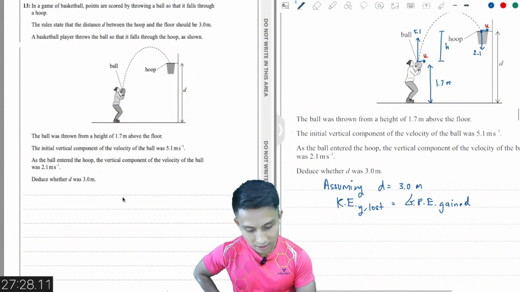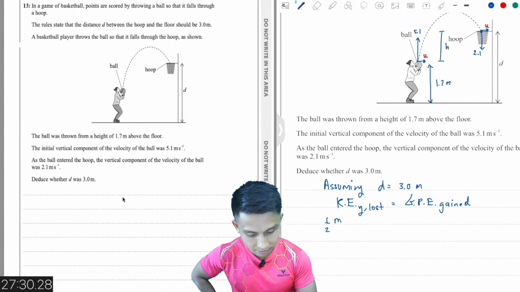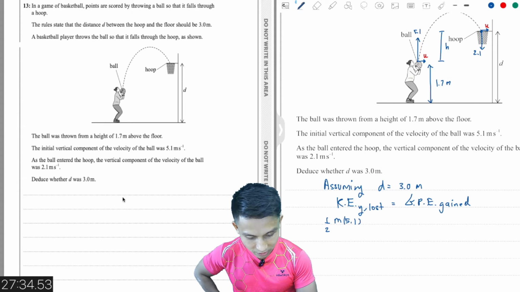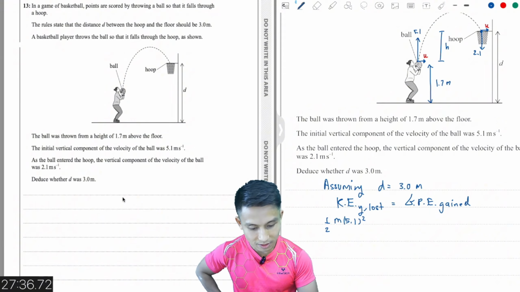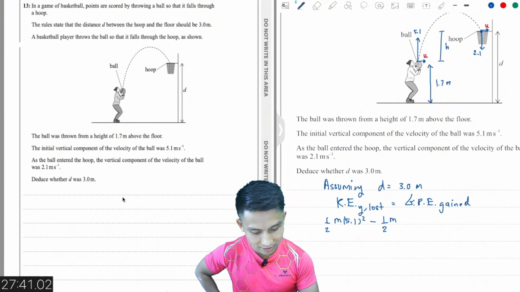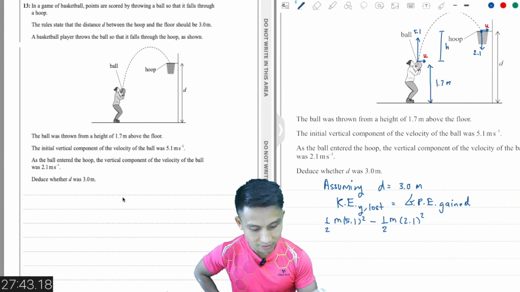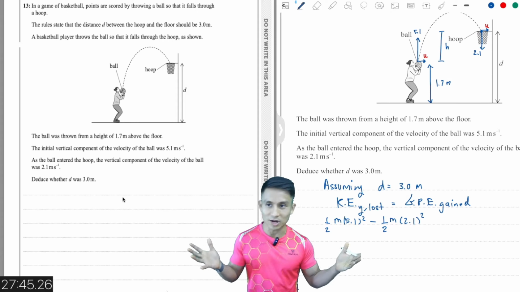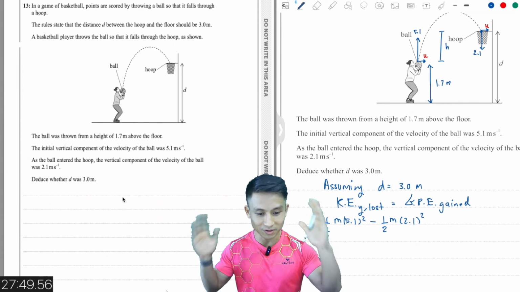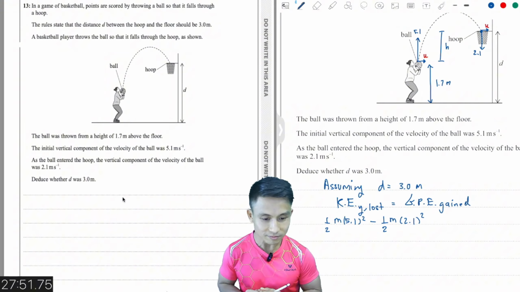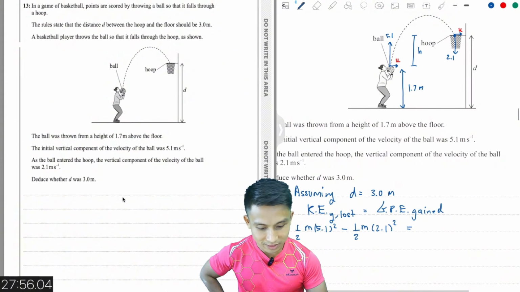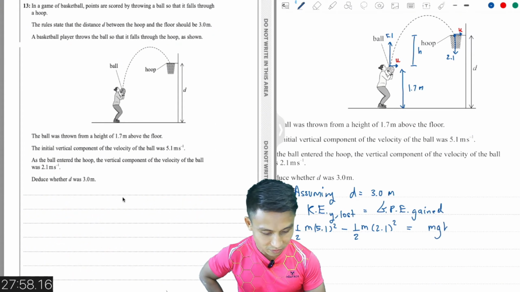So that would be half m, and the initial vertical component is 5.1 squared here. Lost, we do subtraction because it's lost to that. It doesn't matter the direction. We can do vertical component, as long as they are vertical, then we can do that. And then this must be equal to mgh, which is the height gain.